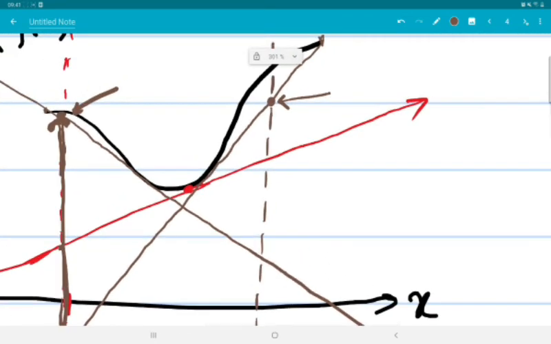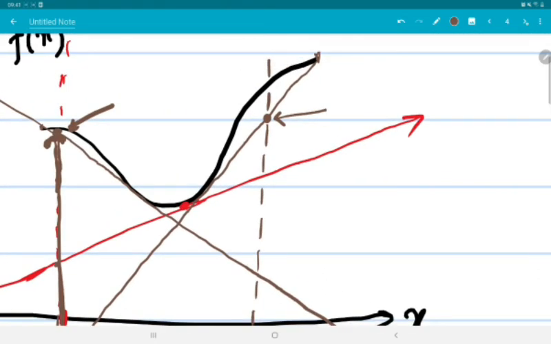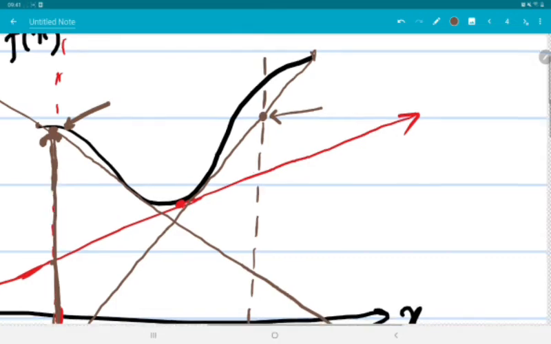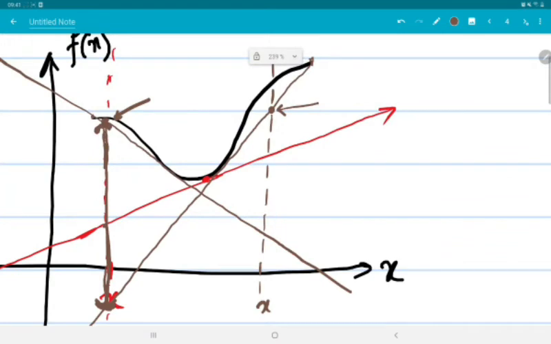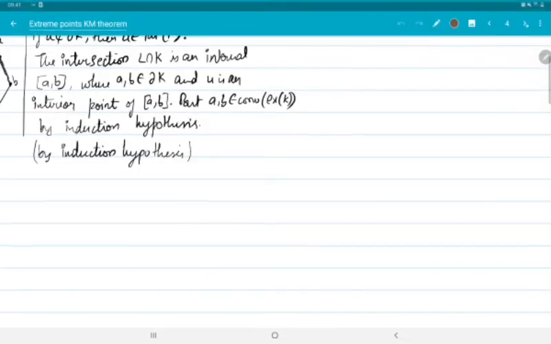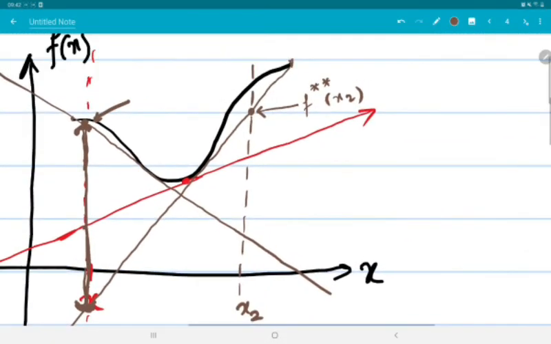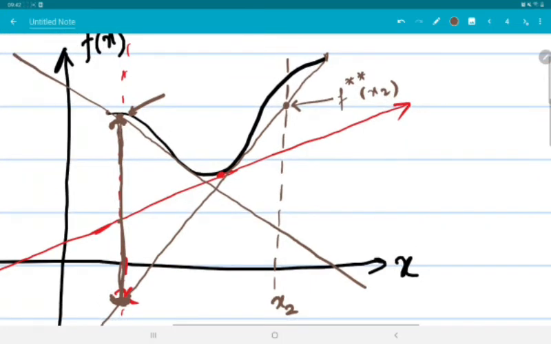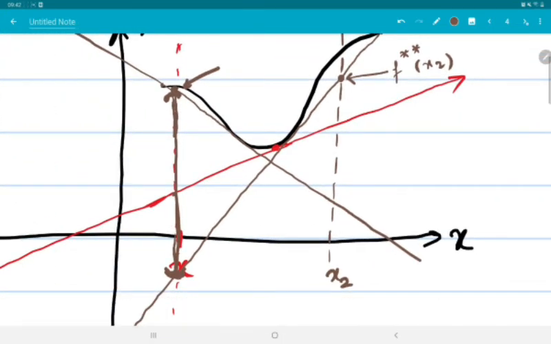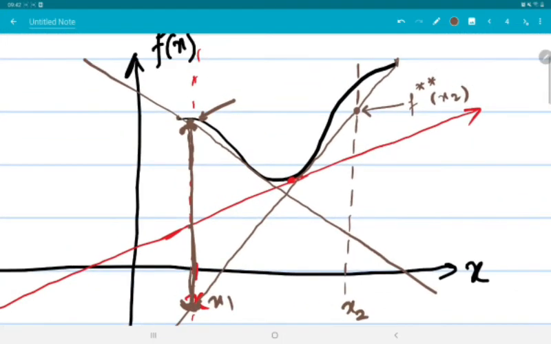I cannot get a y value which is more than this. So this is my supremum of y, and that will be f double star of x2. This is x2, sorry. If this is x2, this will be the f double star of x2. This was x1 and this is the f double star of x1.